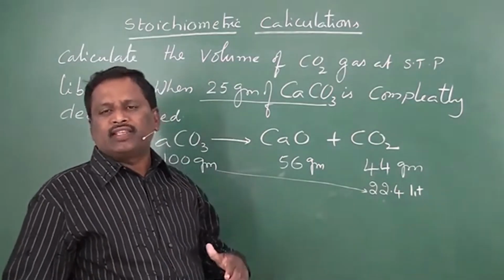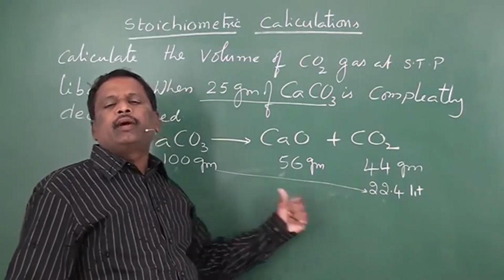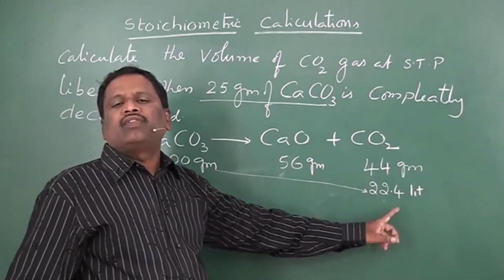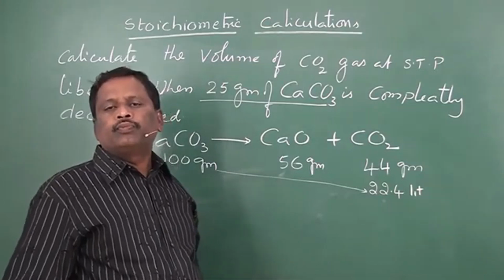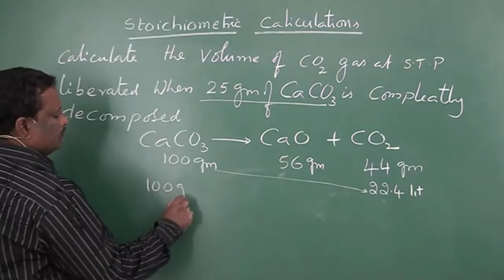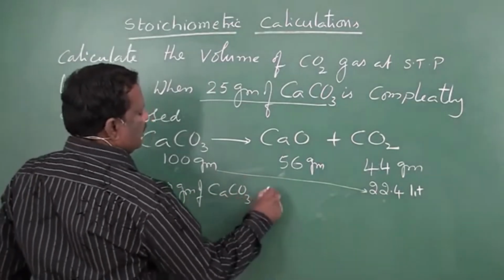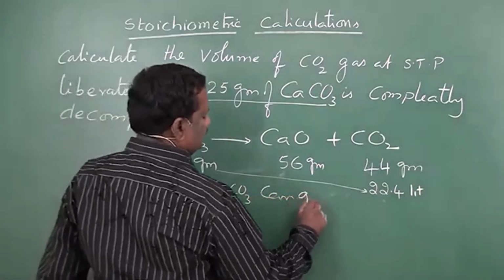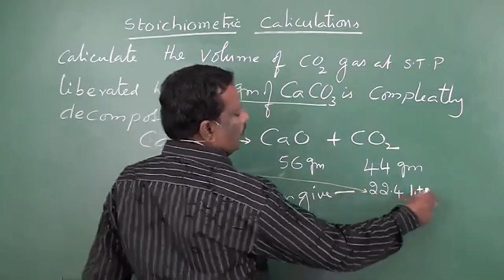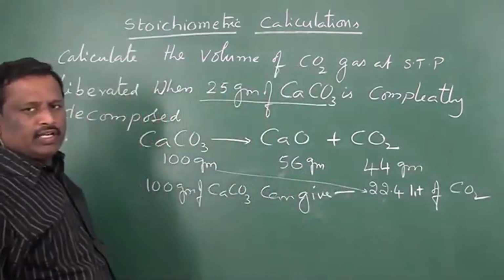So in other words, 100 grams of CaCO3 on decomposition can give 22.4 liters of CO2 at STP conditions.